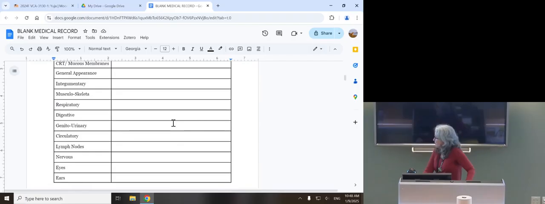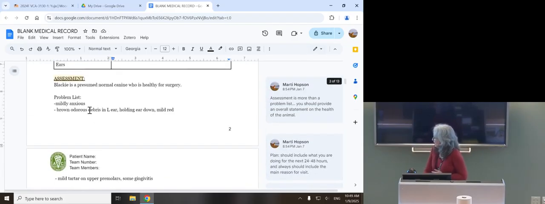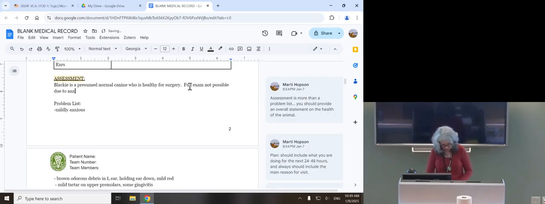Right, so if you mean for musculoskeletal that you put not examined, you could say moving normally or something like that. Does that make sense? And then in assessment, maybe the dog is so anxious that you can't, okay, so you could say full exam not possible due to anxiety, we'll try again in the evening, something like that.